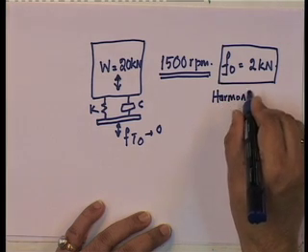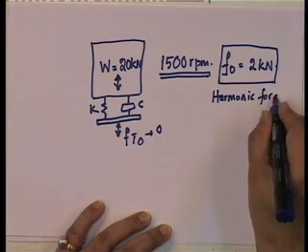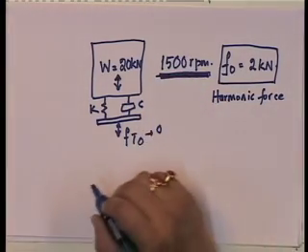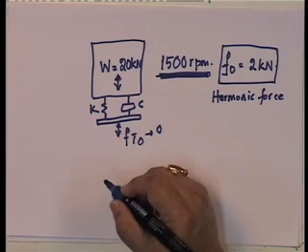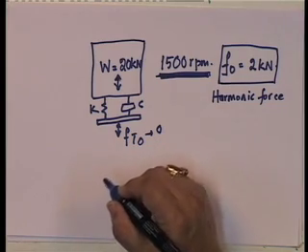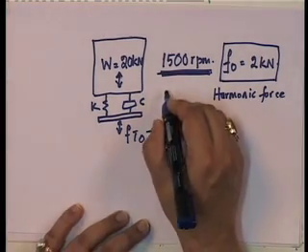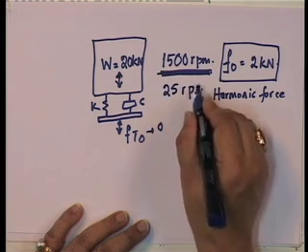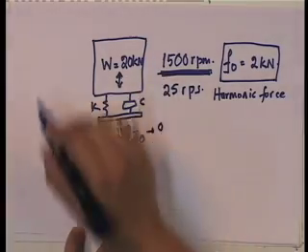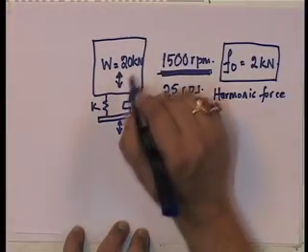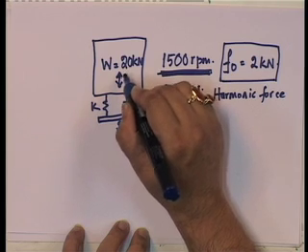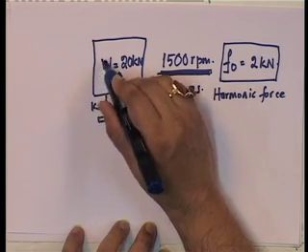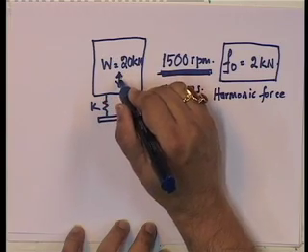How do we know it is a harmonic force? Well, it is moving at a constant RPM. What does 1500 revolutions per minute mean? Let us divide by 60, what do you get? 25 revolutions per second. Revolutions per second means every 1/25th of a second, the force goes round and comes back to 0.